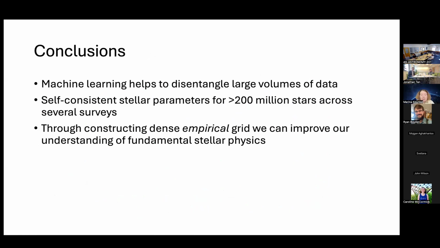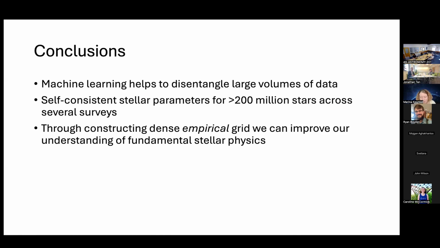And specifically for young stars, this is the first time that we have reliable enough surface gravities to act as an independent proxy for age. So we are able to understand stellar evolution just using spectroscopic data without relying on the photometry. And all of this has only been possible through an empirical approach to data analysis using machine learning.